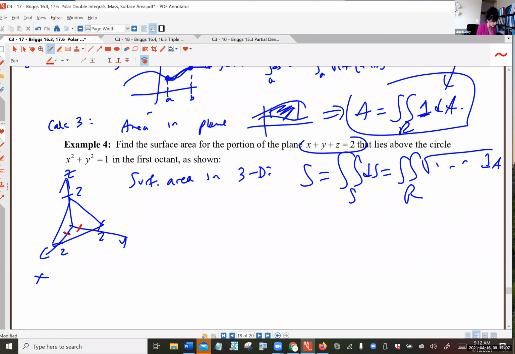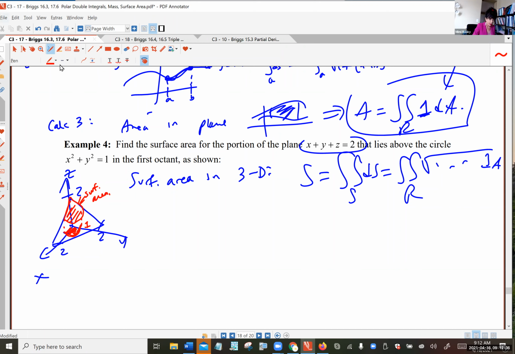So here's your circle of radius 1. So the portion of the plane that lies only above the circle is this right here. You're trying to find the surface area of that portion of the plane that's hovering above the circle. Kind of looks like a pizza slice.